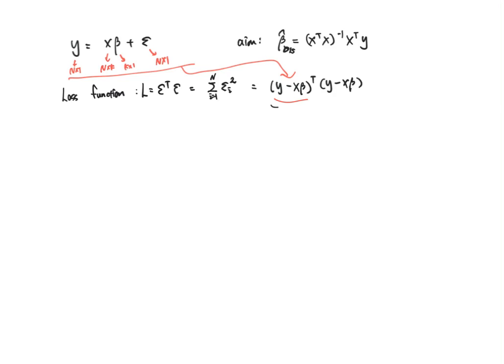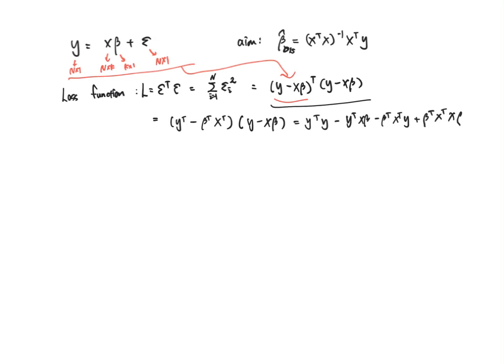So this is equal to (y minus x beta) transpose times (y minus x beta), and this is equal to y transpose y minus y transpose x beta minus beta transpose x transpose y plus beta transpose x transpose x beta.